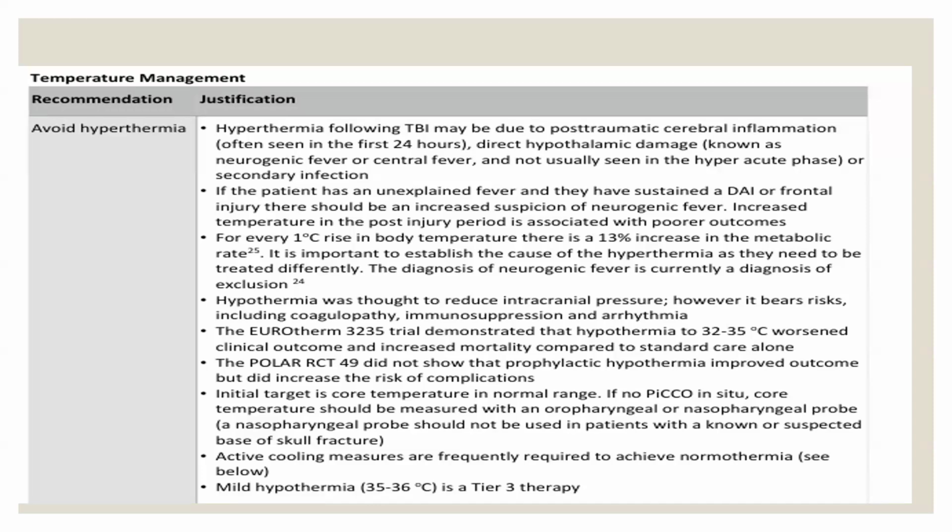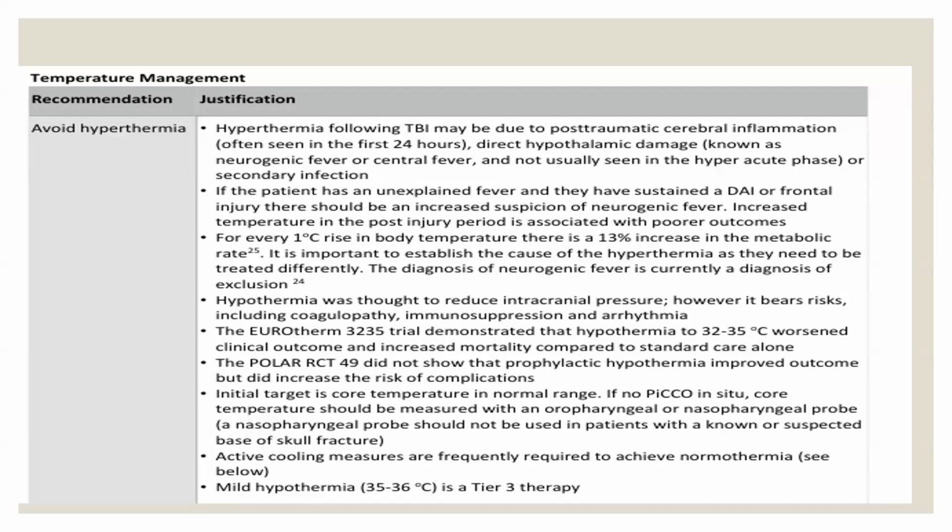Hypothermia was thought to reduce intracranial pressure. However, it bears risks, including coagulopathy, immunosuppression, and arrhythmia. The Eurotherm trial, which included 3,235 patients, demonstrated that hypothermia to 32 to 35 degrees worsened clinical outcome and increased mortality compared to standard care alone.